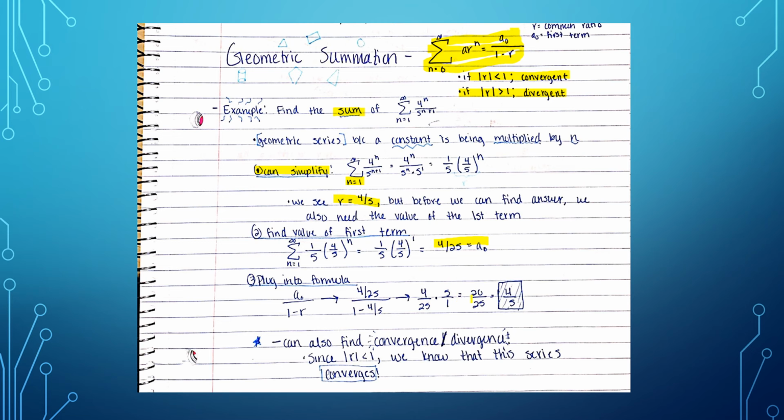So we get 20 over 25, or our summation, 4 over 5. We already have all the information we need to find convergence or divergence. The absolute value of r is less than 1, so we know the series converges.